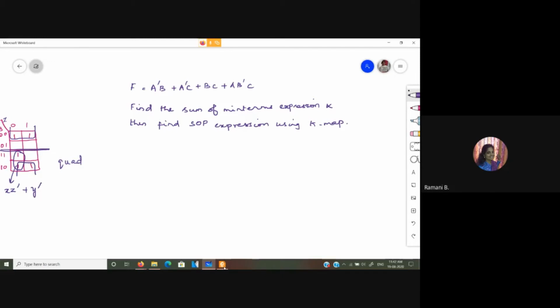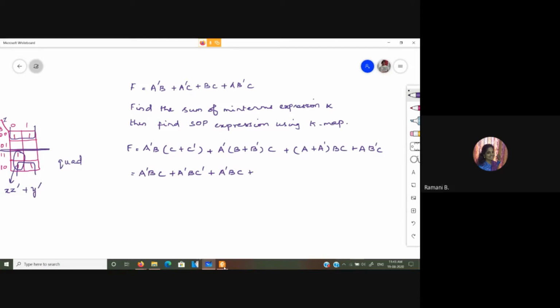So now to find the sum of minterms expression, you will be doing f is equal to A bar B, so it is missing a C, so C plus C bar, plus A bar C, so it is missing B, so B plus B bar dot C, and BC is missing A, so A plus A bar dot BC, and then we have A B bar C. So now applying, sorry, you are applying the distributive law.